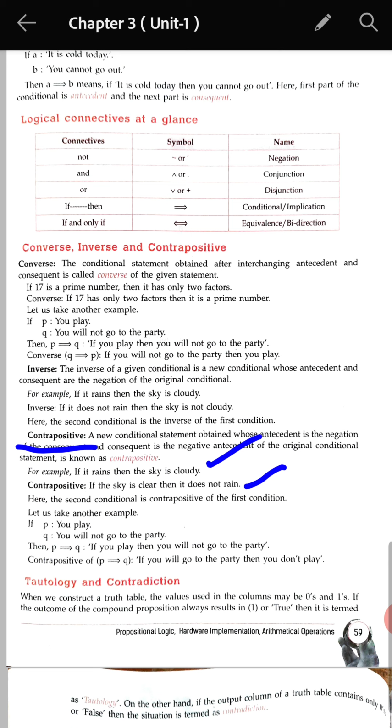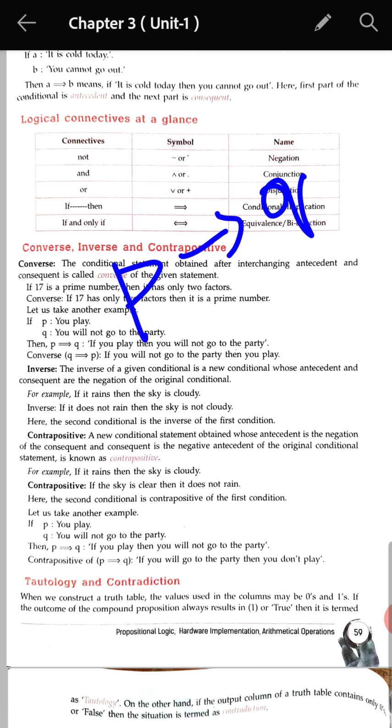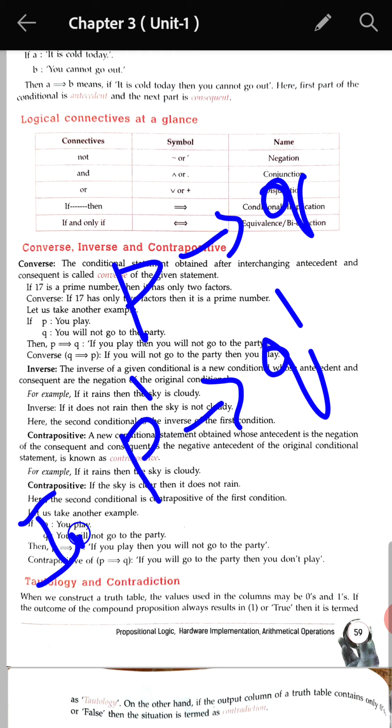If I am saying we have P implies Q and you have to find the inverse of P implies Q, then what you have to write? P negation implies Q negation. If I'm saying you have to write converse, then in converse what you have to do?